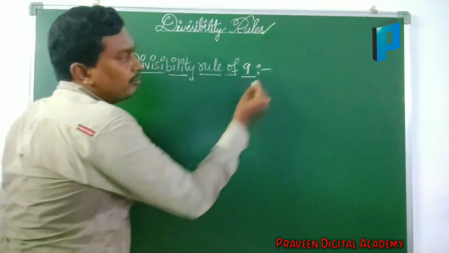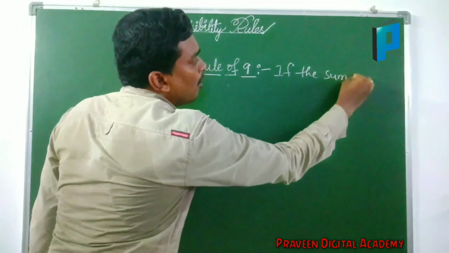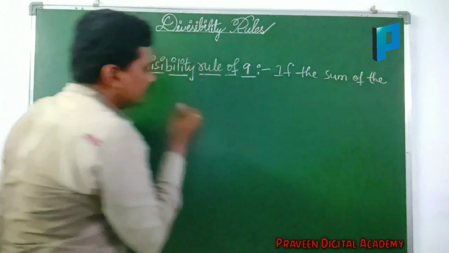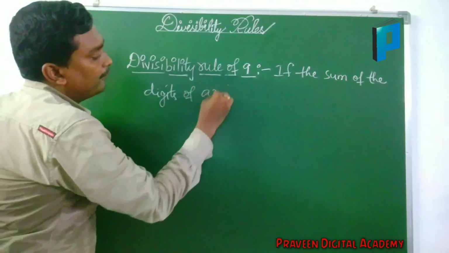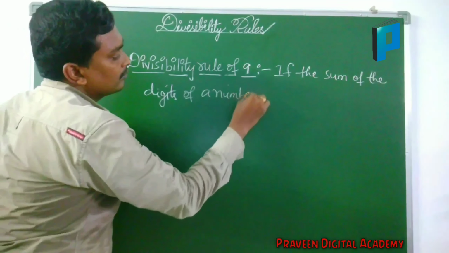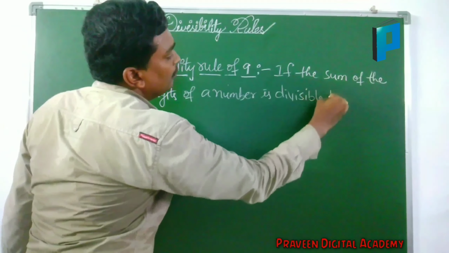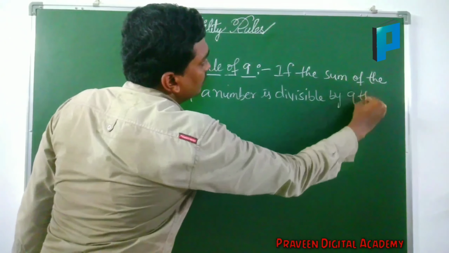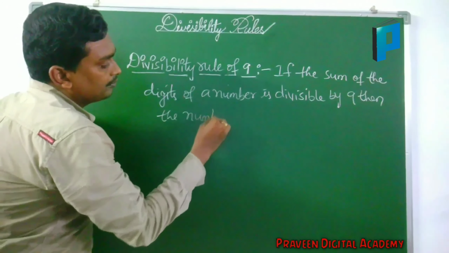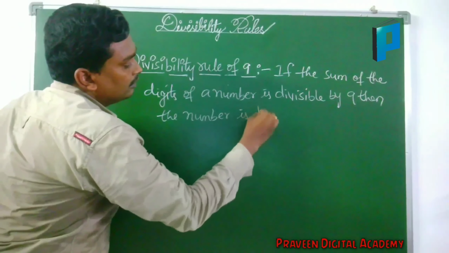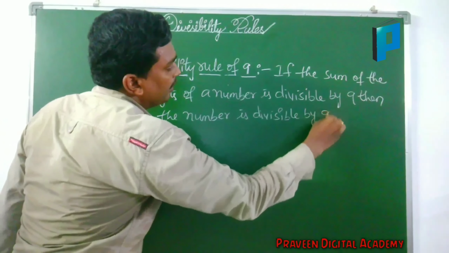What is the divisibility rule of 9? If the sum of the digits of a number is divisible by 9, then the number is divisible by 9.